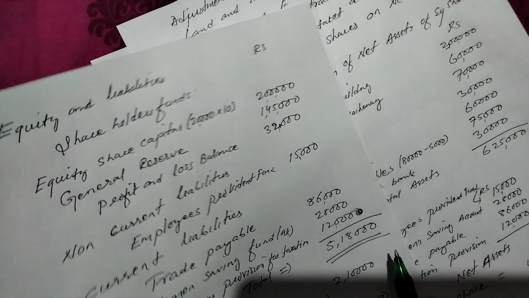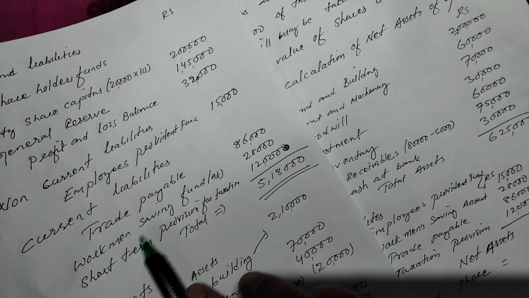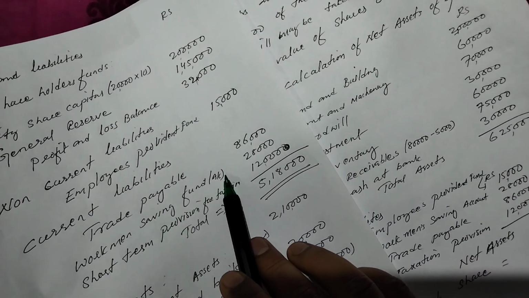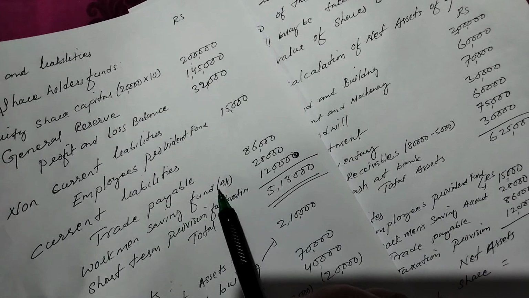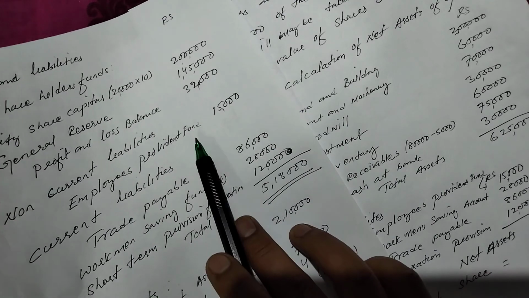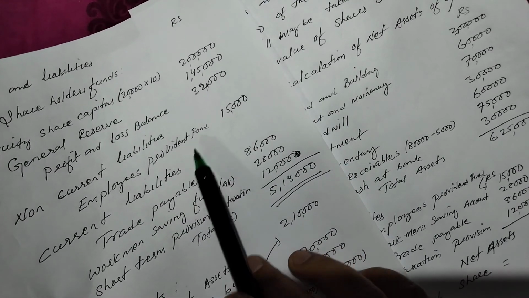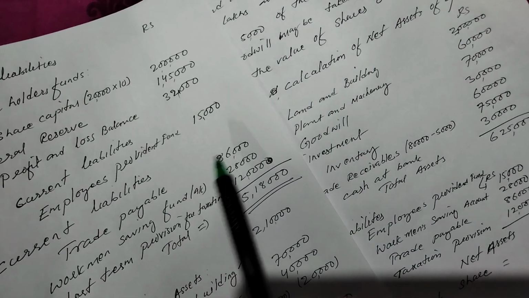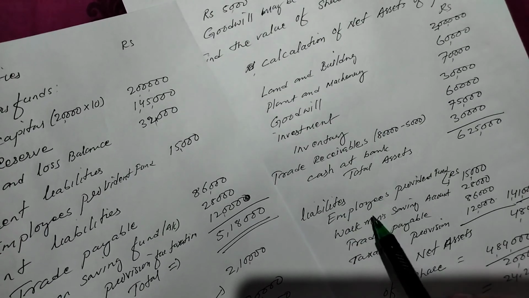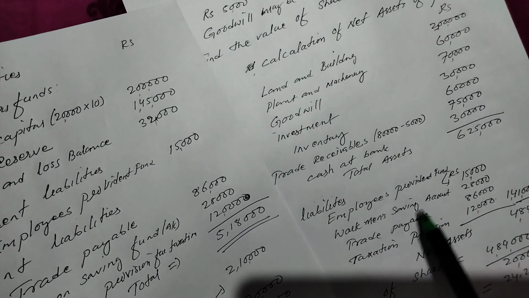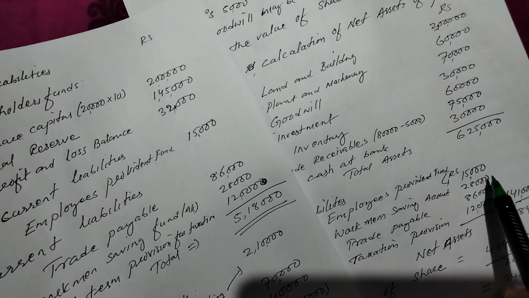Another one is workman saving fund. This is also a liability to the employees. It looks like reserves, but these are liabilities. Employees provident fund and workman saving fund respectively we are deducting.